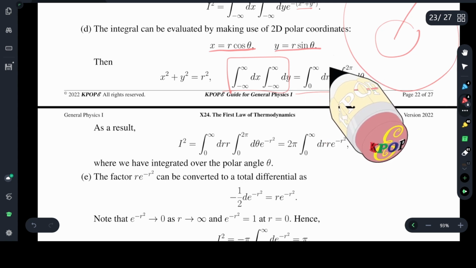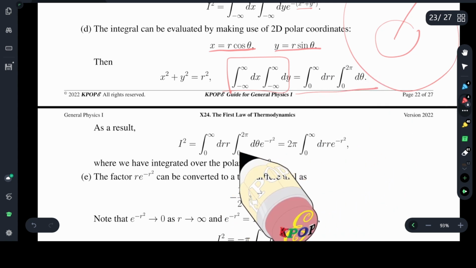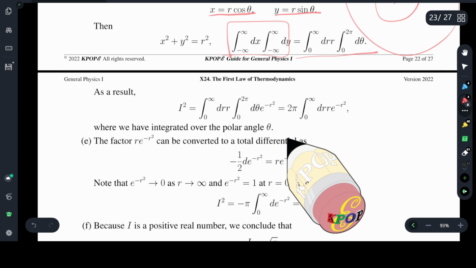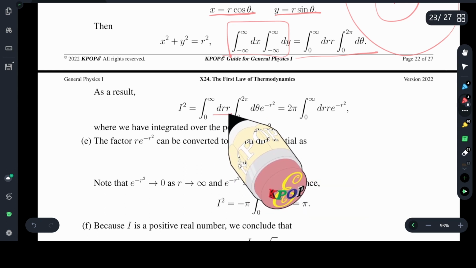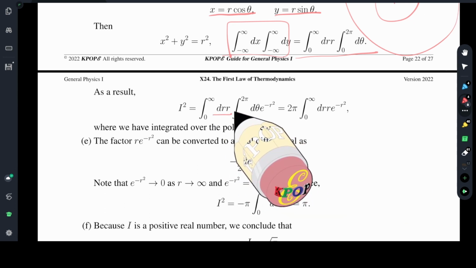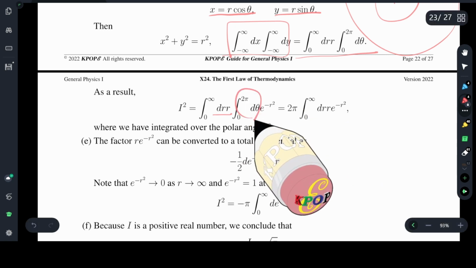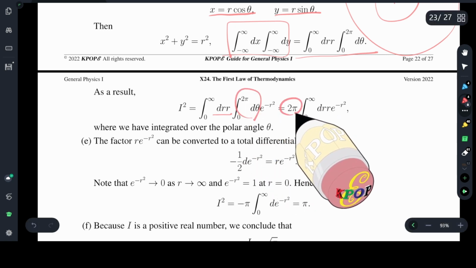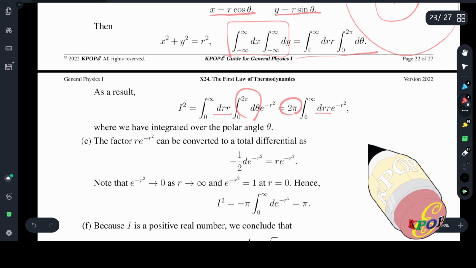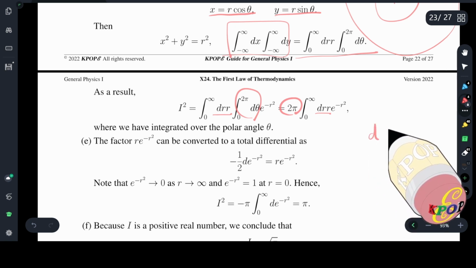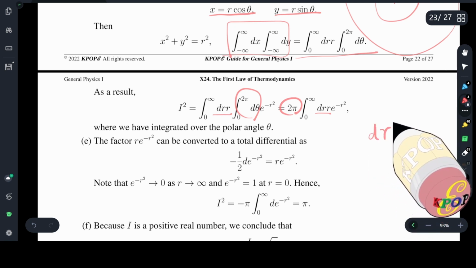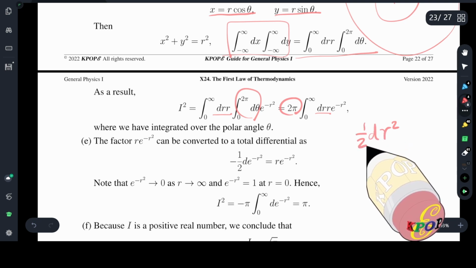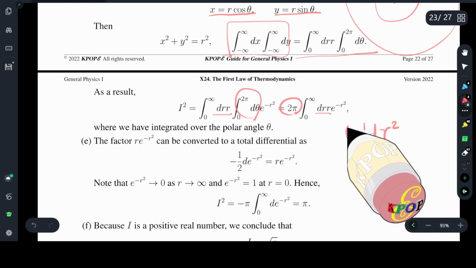So actually, r is a Jacobian. And finally, this one, r dr. And this theta integral is 2 pi, and we have r dr. And Leibniz told me it is just 1/2 r squared, right?